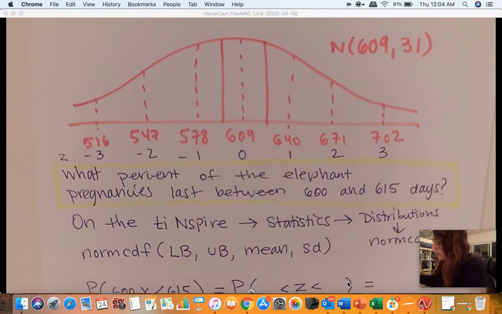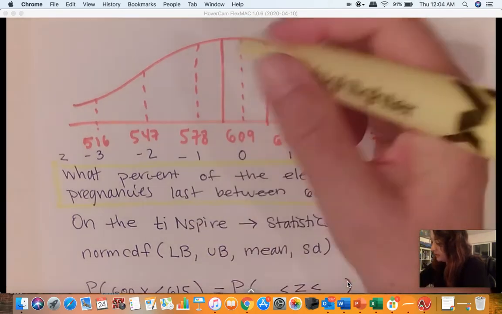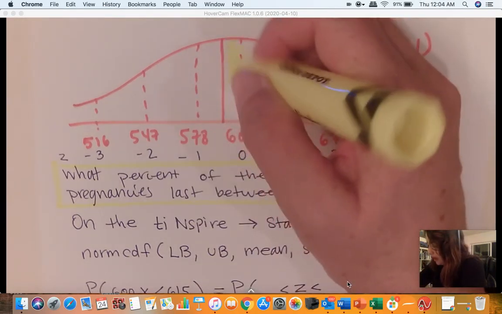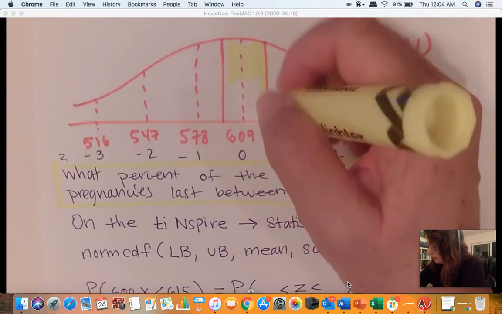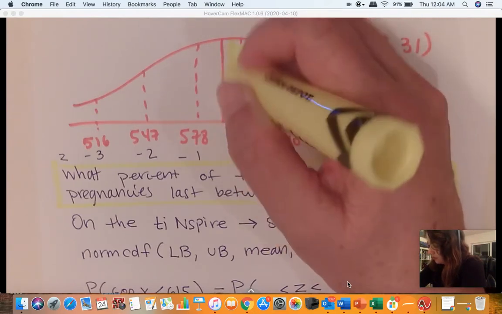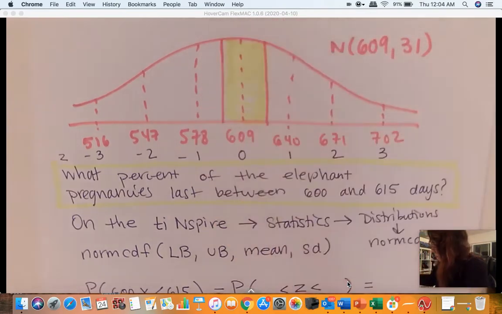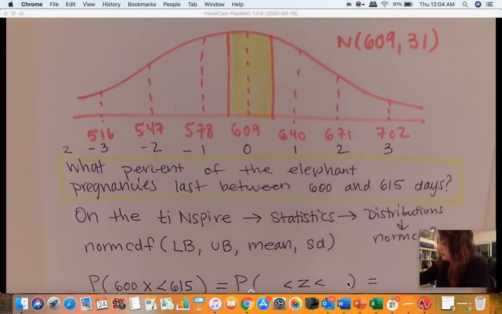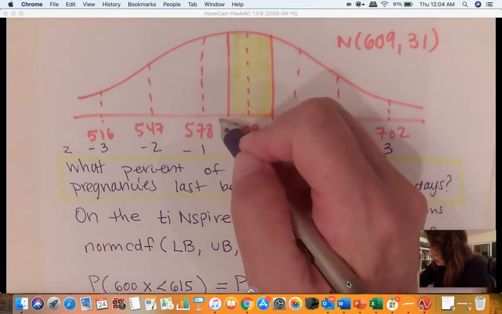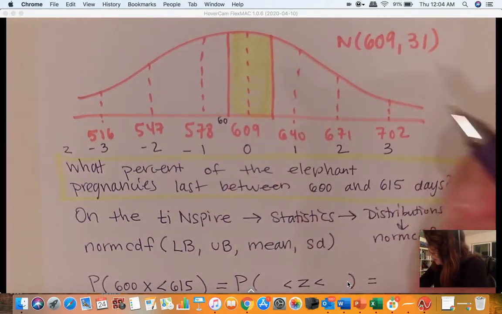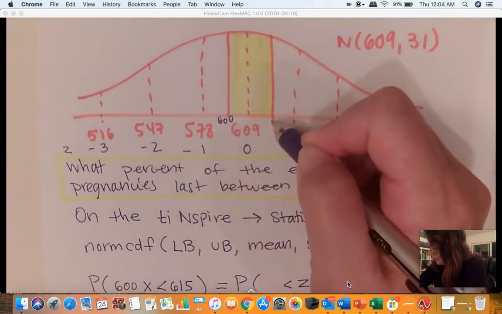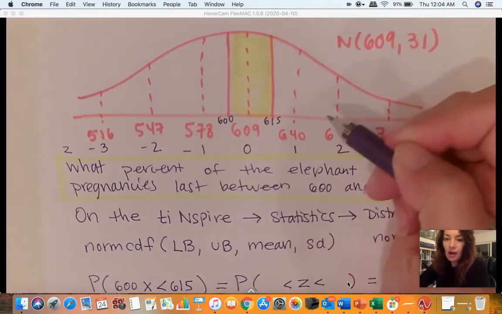It just shows you that 600 is under 609 and 615 is over 609. So it's somewhere between here. This represents a score of 600 approximately here and 615.